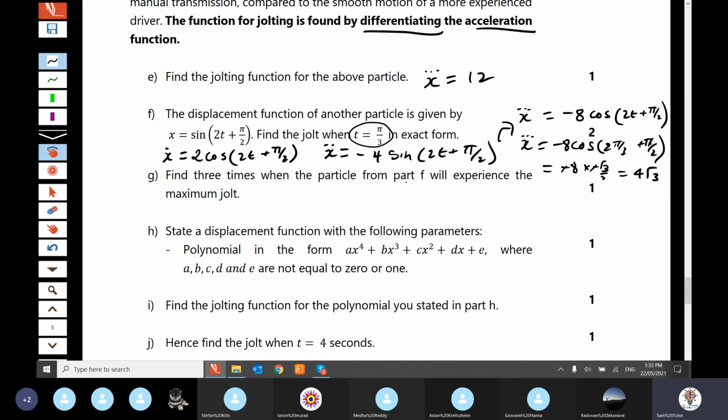Find 3 times when the particle experiences the maximum jolt. Okay, so what's x? Usually we don't write 4 dots, because imagine if there was 50 differentiations, you don't write that. After 3, we usually just put the number. So x 4 equals the derivative of negative 8 cos, which is positive 16 sine of 2t plus pi over 2.